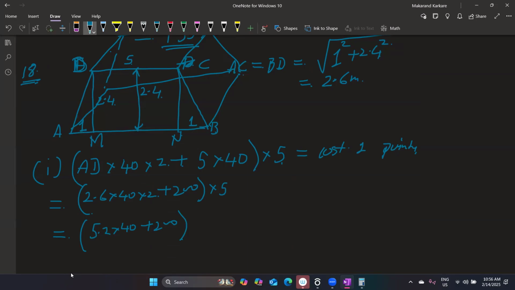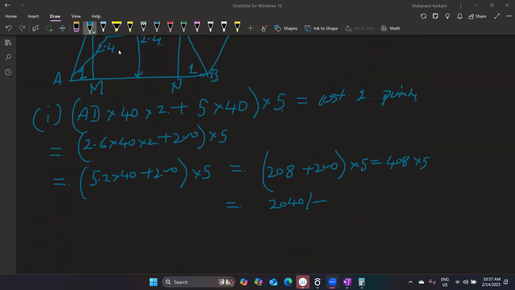Because all of that needs to be painted. Correct, Aniket? That's the cost of painting.